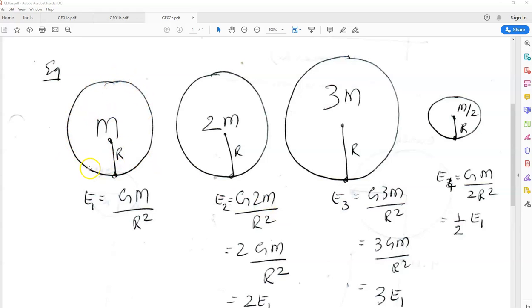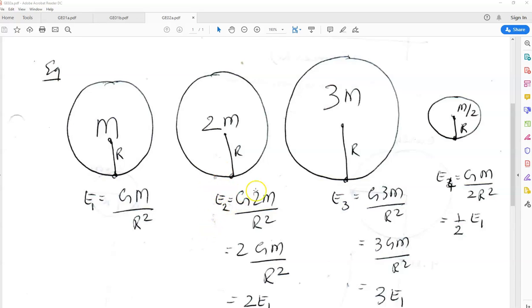Here I have a mass, and you can think of this as a spherical mass, with a distance r from the center. So the gravitational field E1 is GM by r squared. This is the standard formula we just saw. Now I have doubled the mass. You know that the gravitational field is proportional to the mass, so if you double the mass, the field strength should also double.